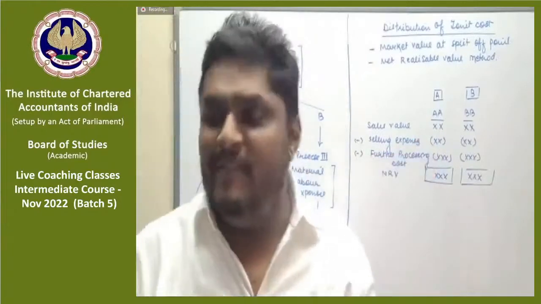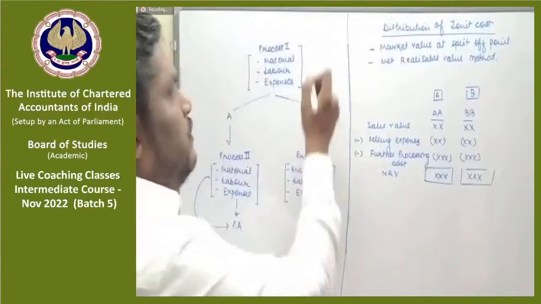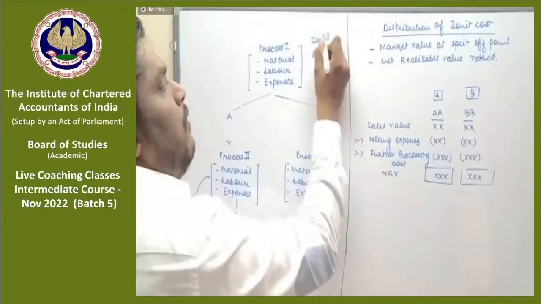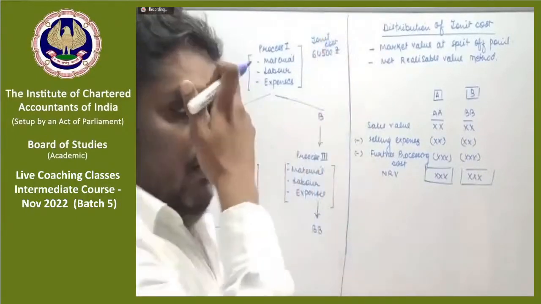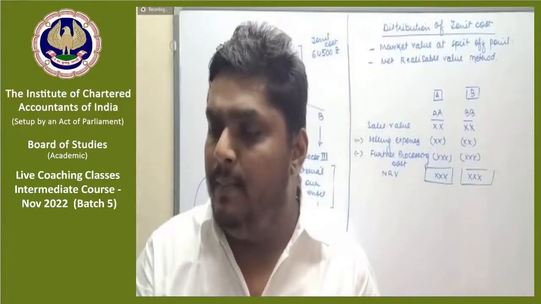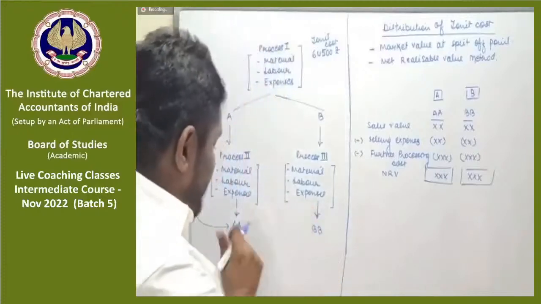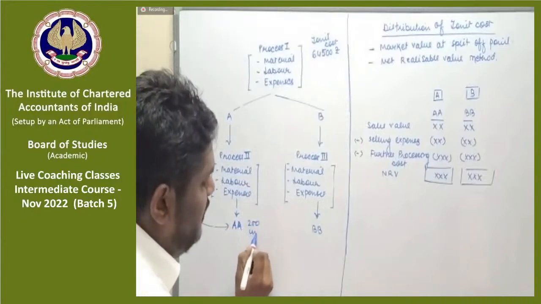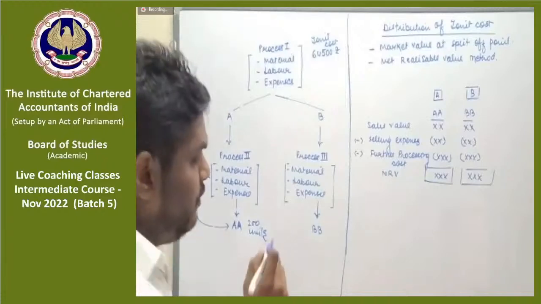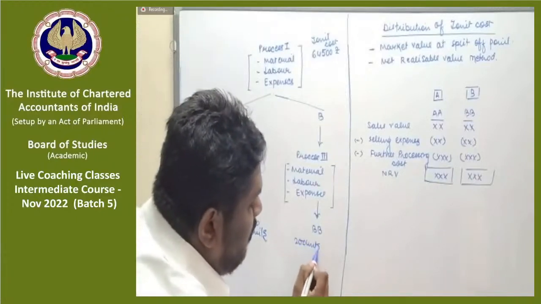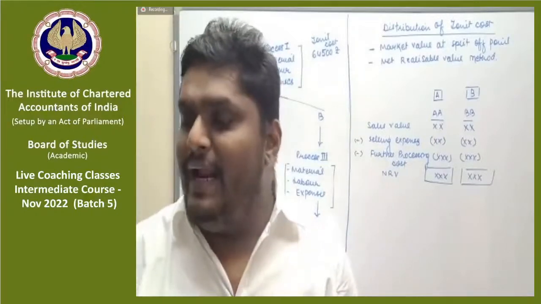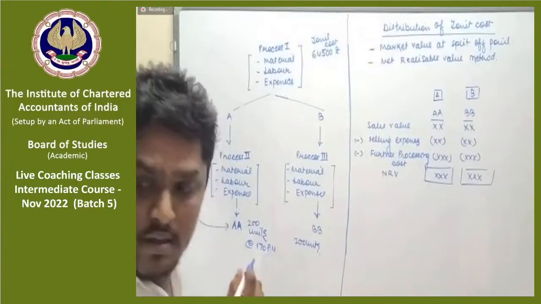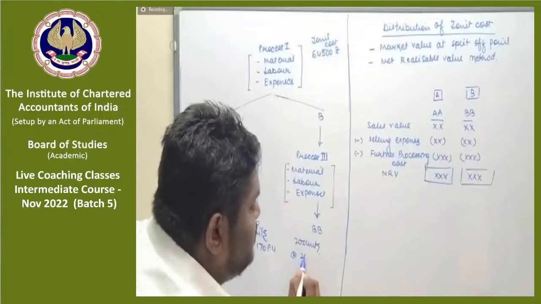Let me discuss this concept with the help of an example wherein my joint cost is 64,500. 200 units were manufactured for double A and 200 units for double B. Double A and double B can be sold in the market at the rate of rupees 170 per unit and 260 per unit.